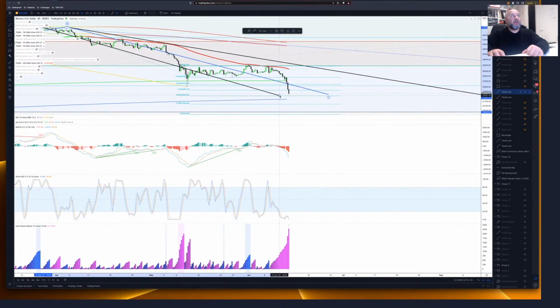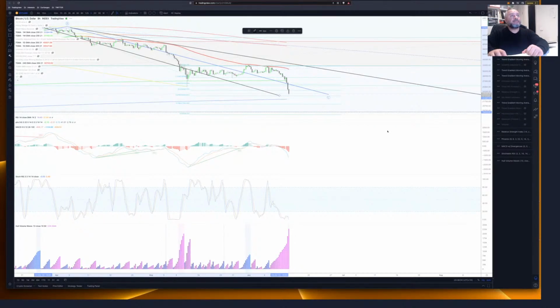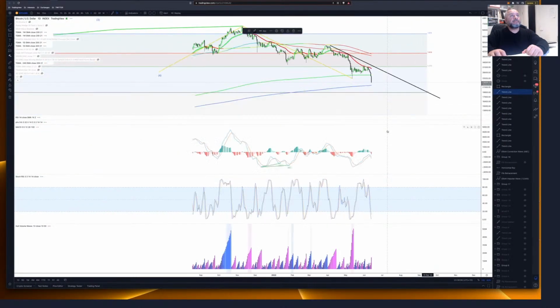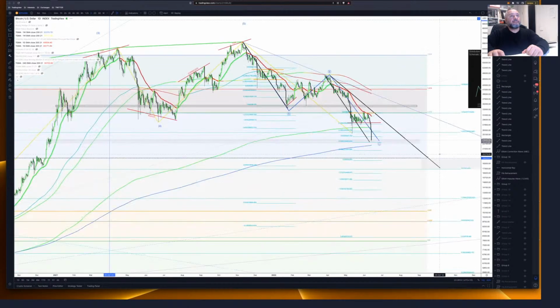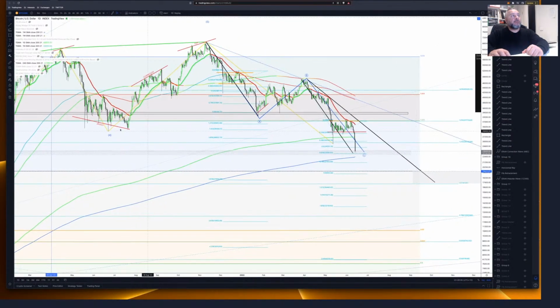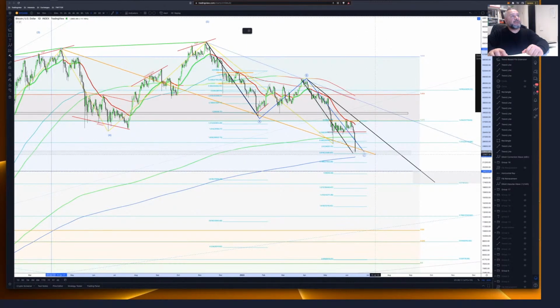And so if this line, where is that line? Let's go back to the daily. What did I say with that line? With the other chart, I had it something like this. Pretty much.